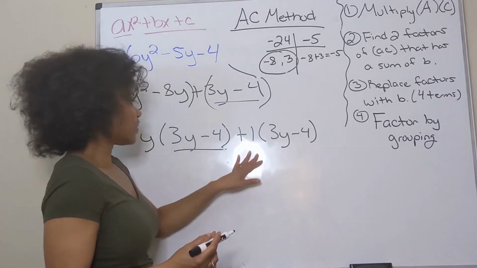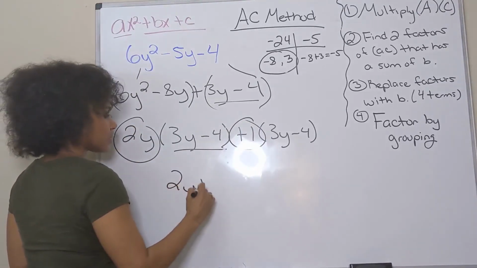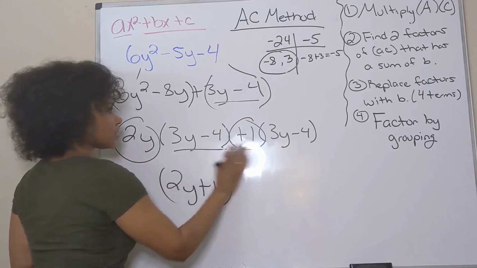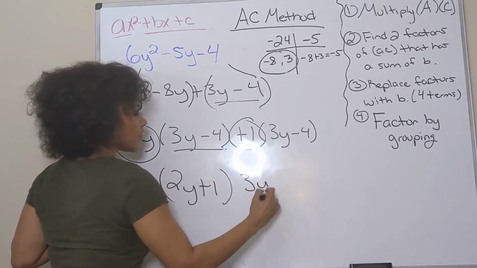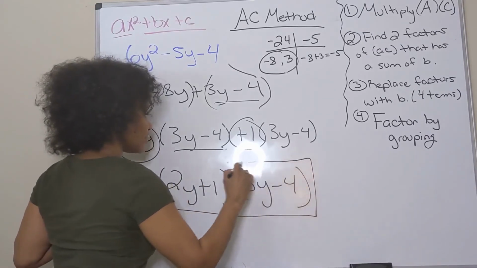So my result is 2y plus 1 times 3y minus 4. And I have factored this trinomial, all right?